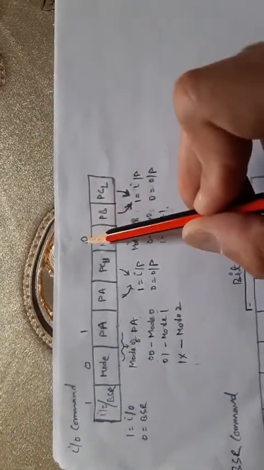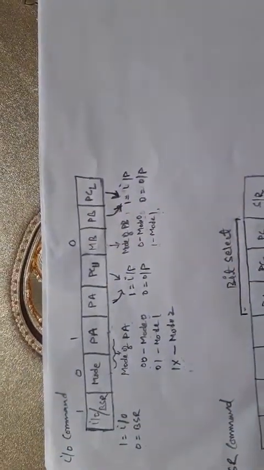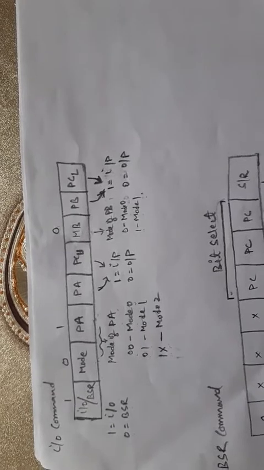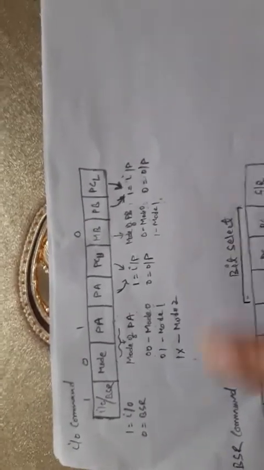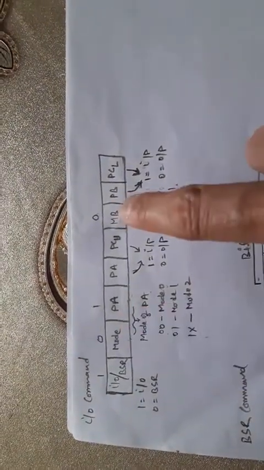Suppose I keep this bit as 0, so port B works in mode 0. We do not keep any bit to decide for port C, because if port A and port B are working in mode 0, then only port C is working in mode 0. Otherwise port C lines are sacrificed for handshaking. So we need not decide it, it is already decided by port A and port B.